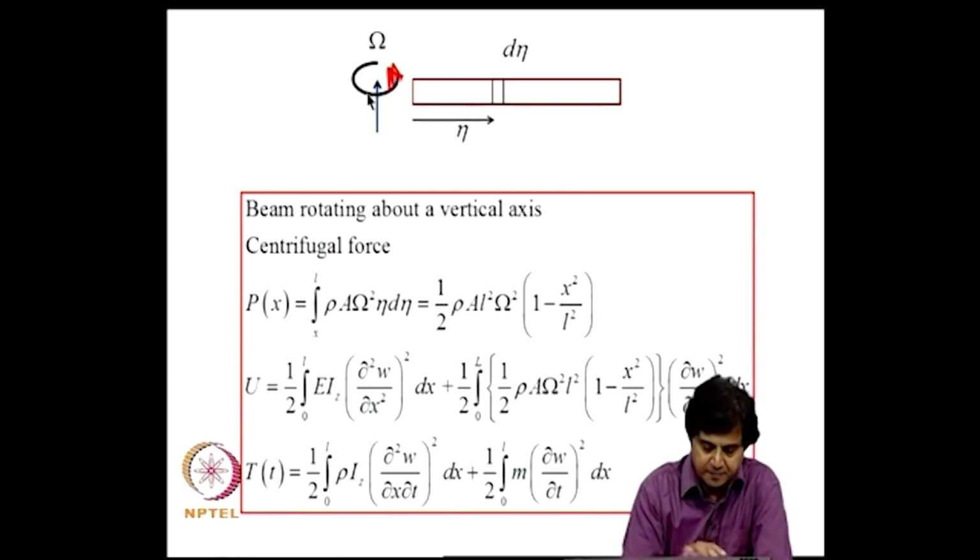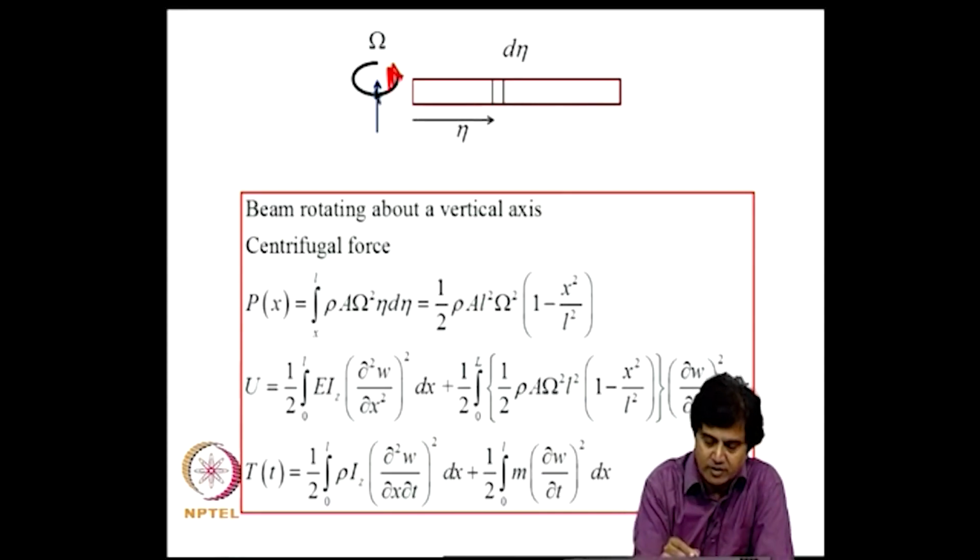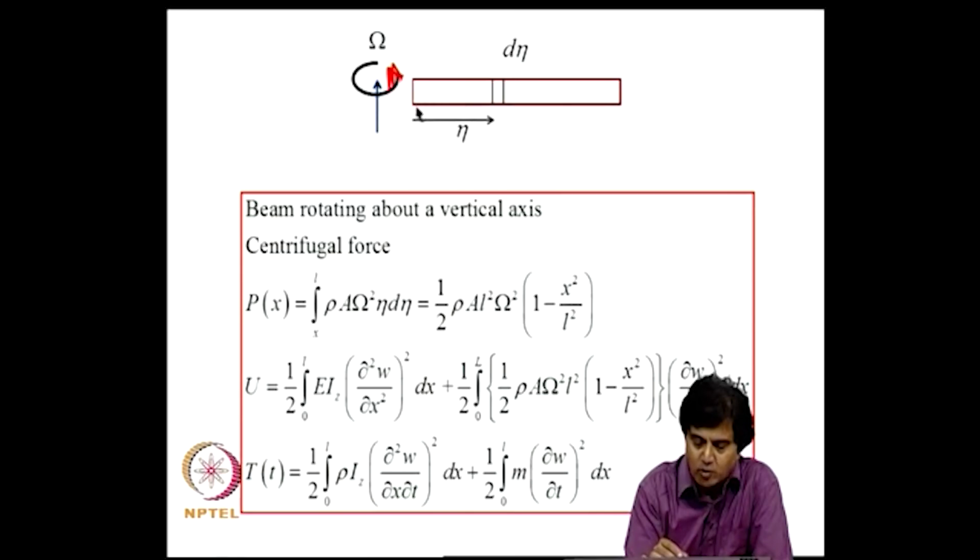Because of this there will be a centrifugal force which acts in the direction towards the center, along this line, and that can be computed by using this expression. Okay. This gives the centrifugal force at any point x along the beam. I am ignoring the contribution from this eccentricity; if the span is long compared to this eccentricity, this can be ignored.